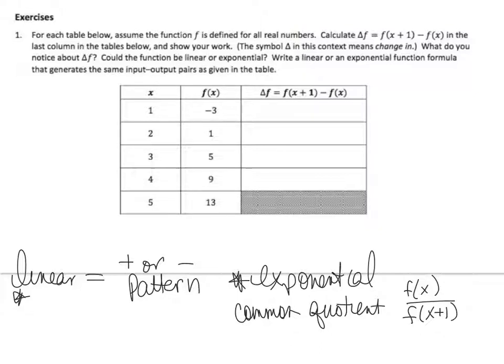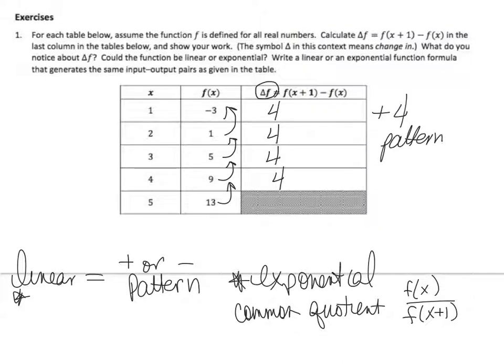So for each one of these tables, we're going to figure out our rate of change to see if it's right. So I'm just going to subtract. 1 minus a negative 3 is 4. 5 minus 1 is 4. 9 minus 5 is 4. 13 minus 9 is 4. So we have a plus 4 pattern. I don't have x equals 0, so I need to figure it out so I can write my equation.